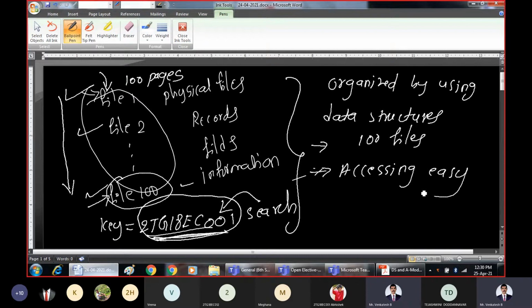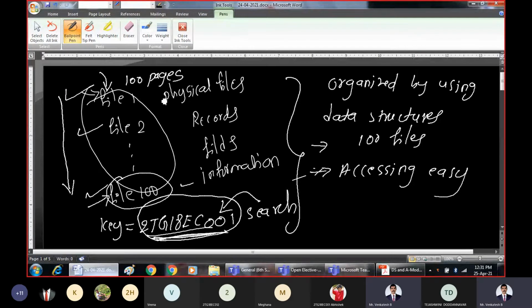That is, accessing the data is easy when you organize the data by using data structures. So with this information, how we can define the data structure is efficient storage and organization of the data so that it can be accessed efficiently and at a faster rate. That is what is called a data structure.